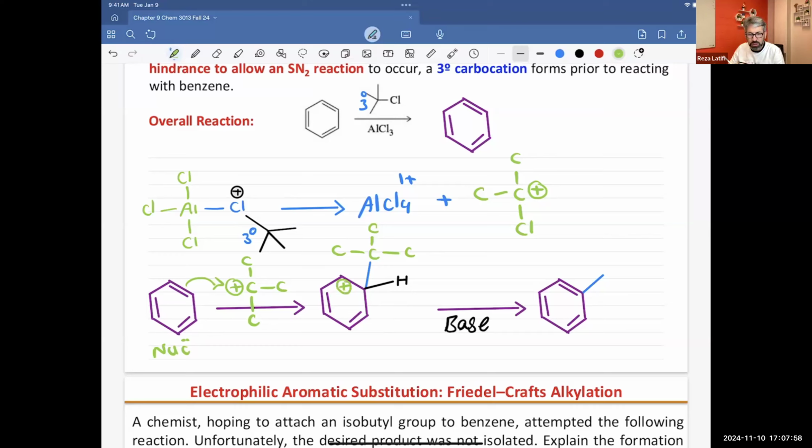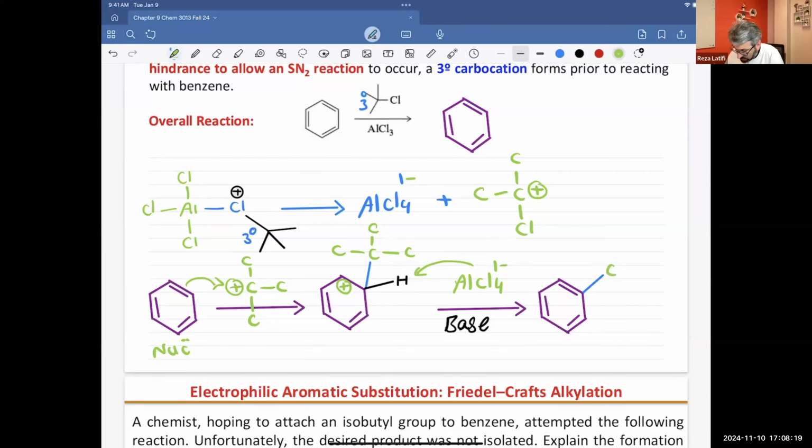So somewhere we're going to have a positive charge, and the positive charge will be there. Now, we need to remove that H to restore the benzene ring. And so the aluminum tetrachloride with a negative charge, forgive me, I wrote a positive charge here, it is a negative charge. This one is going to go after H, and it will remove that one.